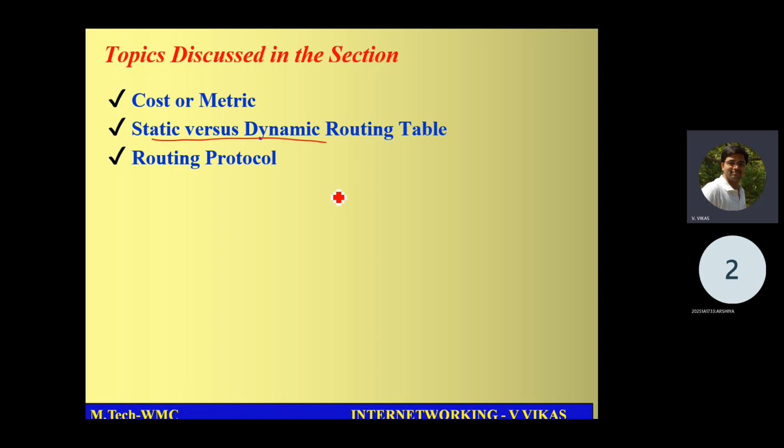We deleted a particular entry manually, we added an entry, and when we see that routing table information, the last column said static, because we manually entered that information. When the network is very big, even entering the details manually will be very difficult. But in the case of dynamic, they will get updated automatically. That is the advantage we have.